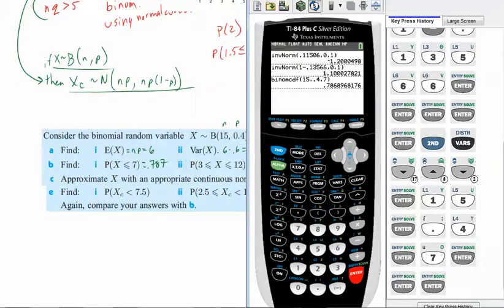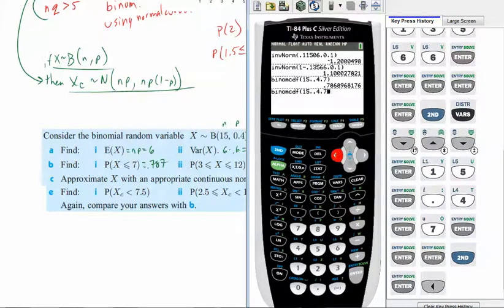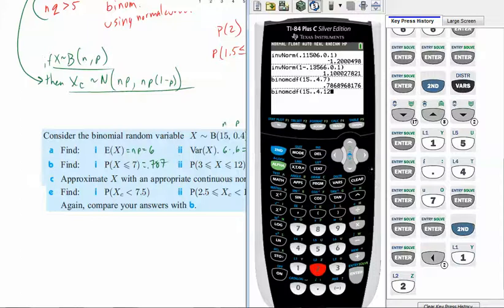So we're going to do the same thing, and we'll just second entry so that we can change that to 12.